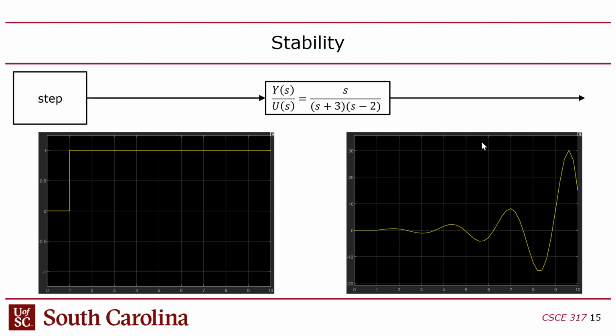I generated these plots with MATLAB, and I created a Simulink design where I have a step, which looks like that. It doesn't step at 0, it steps at 1. So from time 0 to 1, it's 0. From time 1 on, it goes to 1. You see that? There's a step.